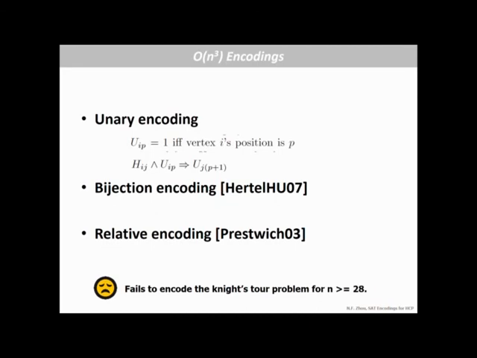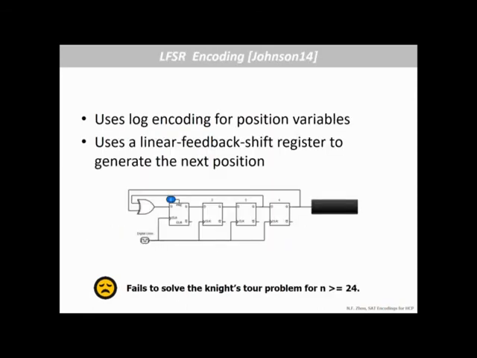There are several SAT encodings which deal with position variables in different ways. However, these encodings suffer from code explosion problems, and they are unable to encode the problem for large sizes.